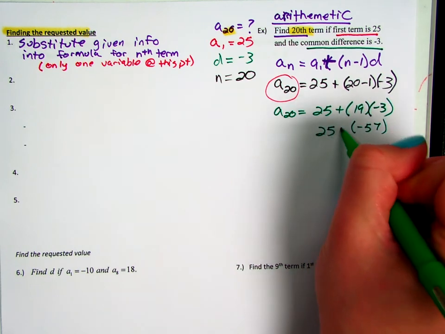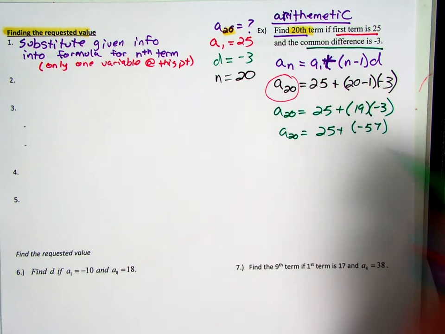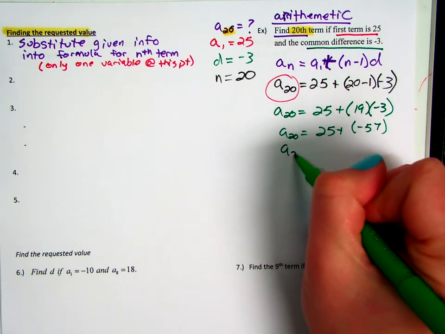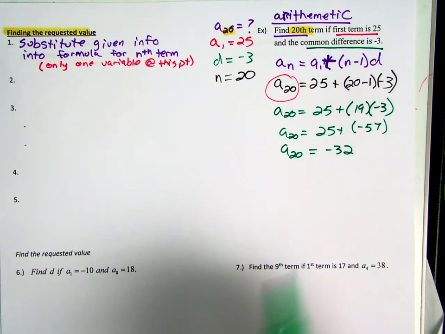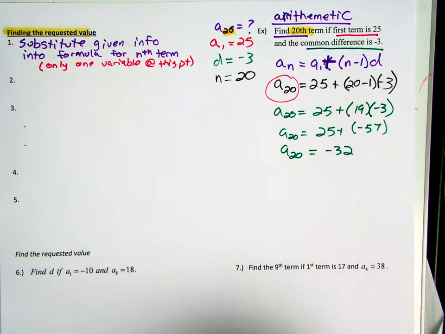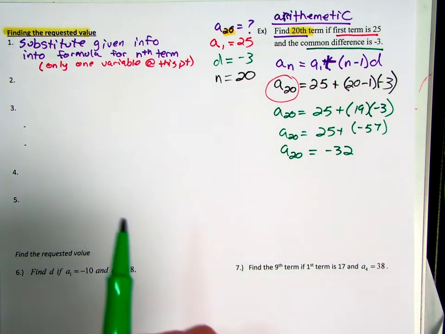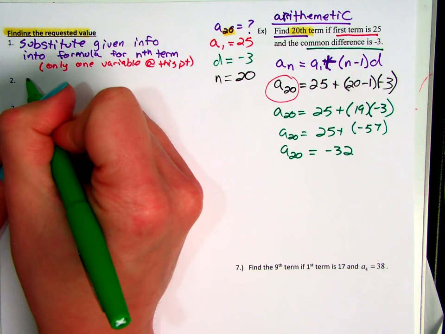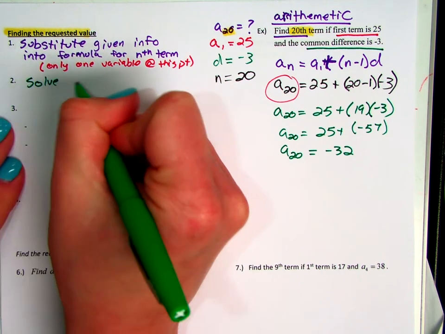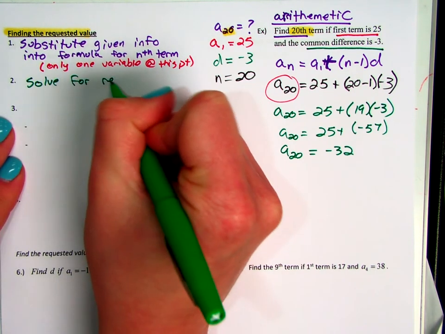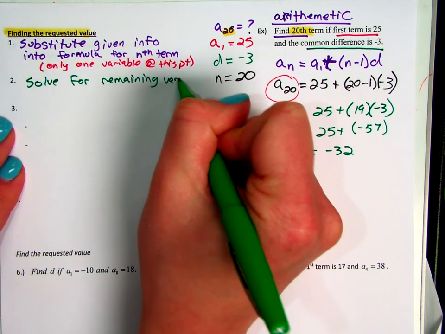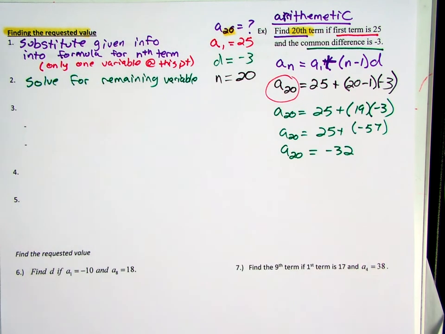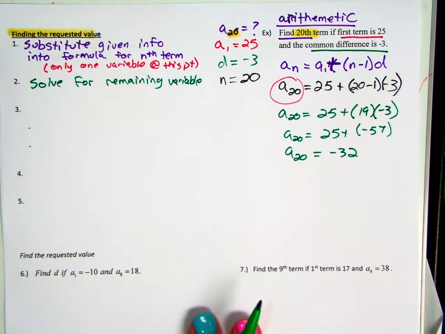So 25 plus -57 tells me that a sub 20 equals -32. Now my variable that I'm trying to solve for is all by itself. So the second step, which is what we just finished, is to solve for the remaining variable.